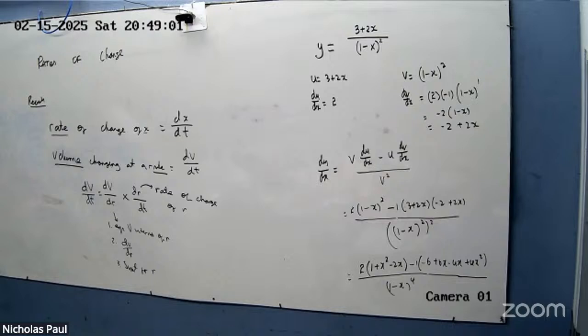The radius of a circular blob of ink is increasing at a rate of 0.2 centimeters per second. Find the rate at which the area is increasing when its radius is 10.